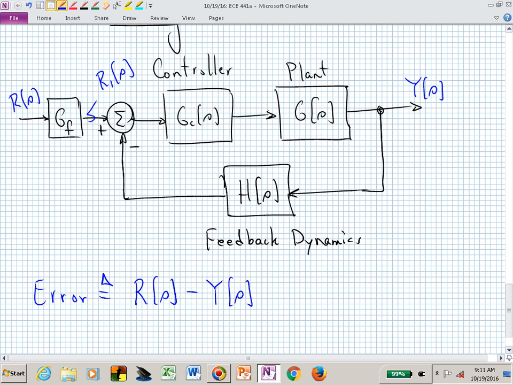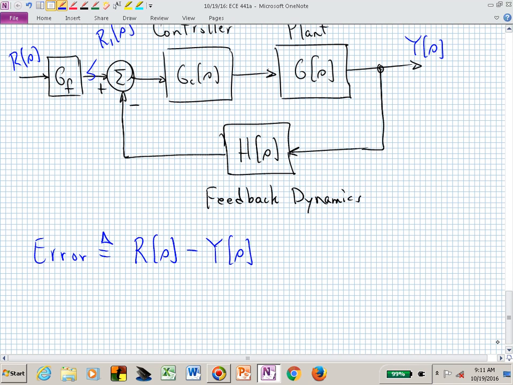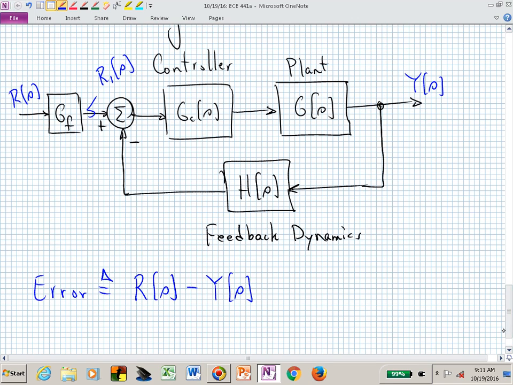And we may want to know how is the output actually tracking or following the reference input. And we can find this relationship. What is Y in terms of R sub 1? What's the output in terms of R sub 1? Here, it's just the familiar closed-loop transfer function, isn't it?